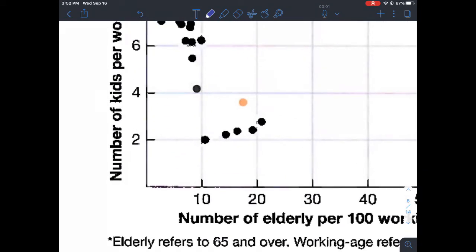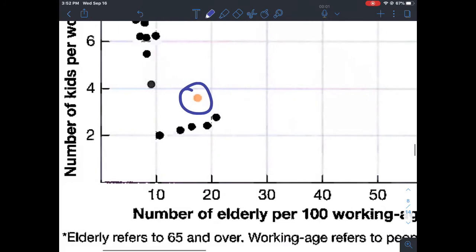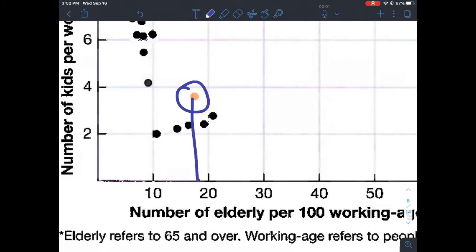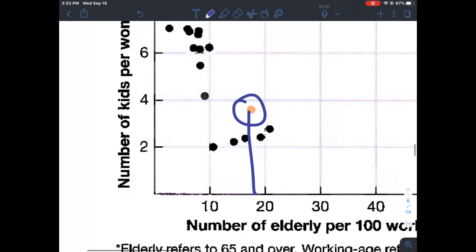So United States right here. United States had, I don't know, like 18 elderly people per 100 working adults. So we had a lot of elderly people per working people. And then we didn't have too many kids per woman, about 3 kids per woman.